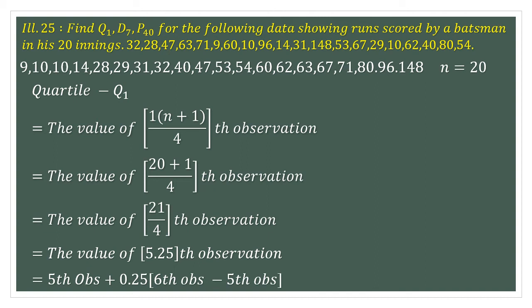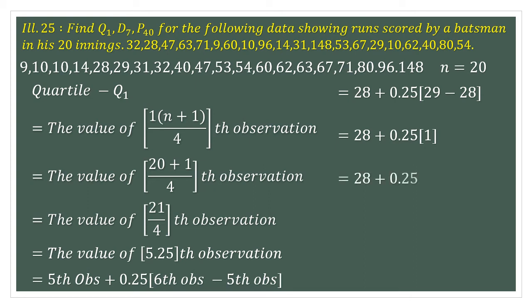So take the 5th observation from the ascending data, that is 28, plus 0.25 into, the 6th observation is 29, so 29 minus 28. Now go according to DMAS. First solve the bracket, then multiply it with 0.25 and then add it to the 28. So the first quartile here is 28.25 runs.